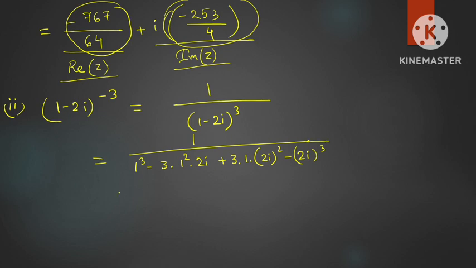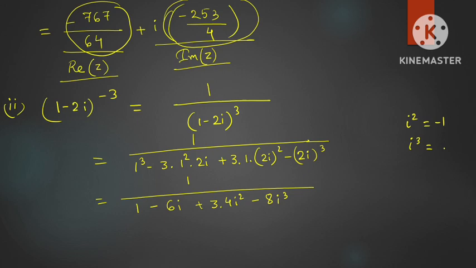And it will be 1 divided by 1 minus 6i, and here 3 into 4i square, minus 8i cube. Previously we have seen i square equals minus 1 and i cube equals minus i.